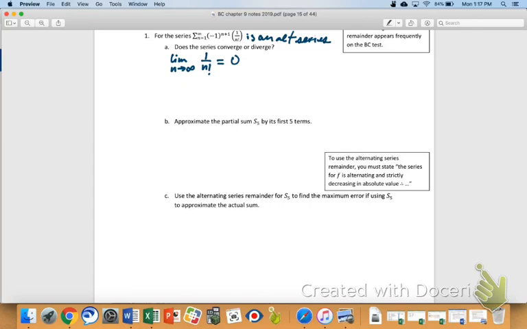And as n goes from 1 to 2 to 3 to 4 to 5, is the fraction result consistently decreasing towards that 0? It sure is. So we can say that if a sub n equals 1 over n factorial, a sub n plus 1 is consistently less than a sub n for the interval that we care about, 1 to infinity.